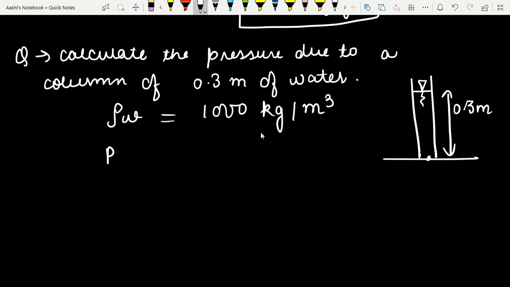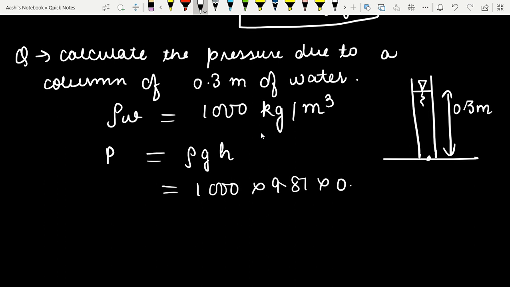So pressure will be rho g h, where rho is 1000, g is 9.81 and height is 0.3. Very easily you can find the pressure. It will be 2943 Newton per meter square. Like that, if I had given 0.3 meter of mercury, you just have to replace this density with the mercury density, and then the height will be whatever height is given.